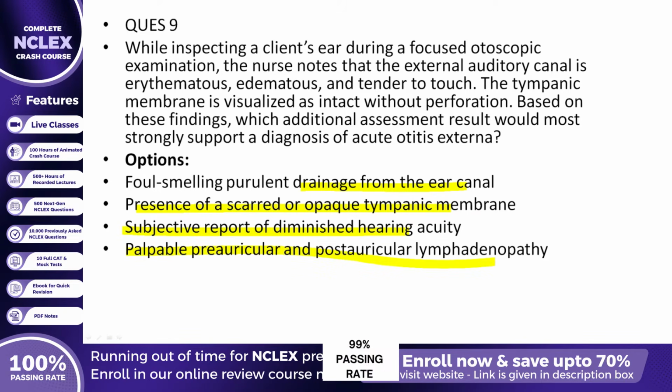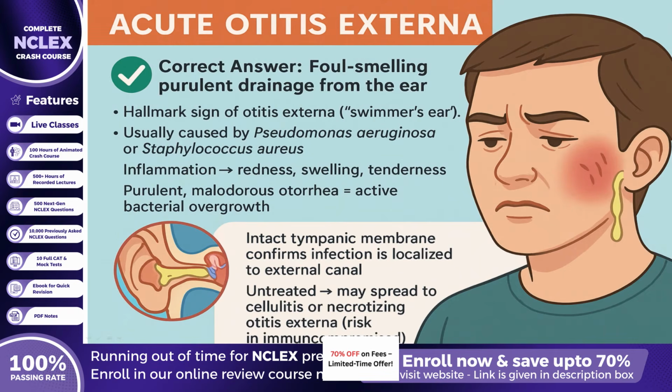The correct answer is option 1, foul-smelling purulent drainage from the ear canal. This finding is the most specific and confirmatory hallmark of otitis externa, commonly called swimmer's ear. The condition is typically caused by bacterial pathogens such as Pseudomonas aeruginosa or Staphylococcus aureus.